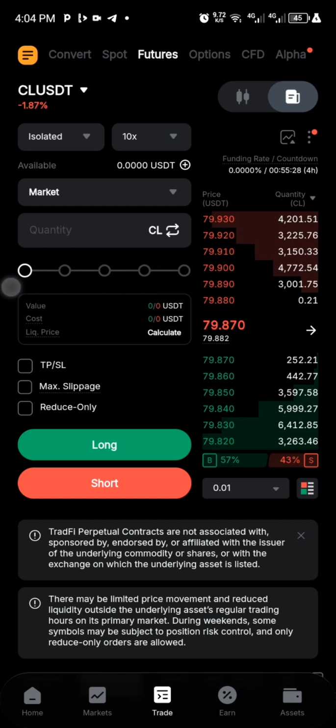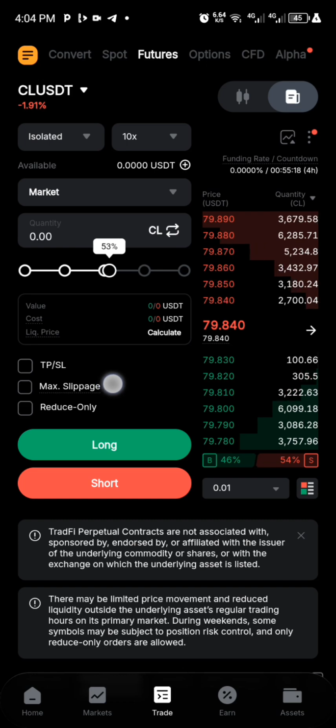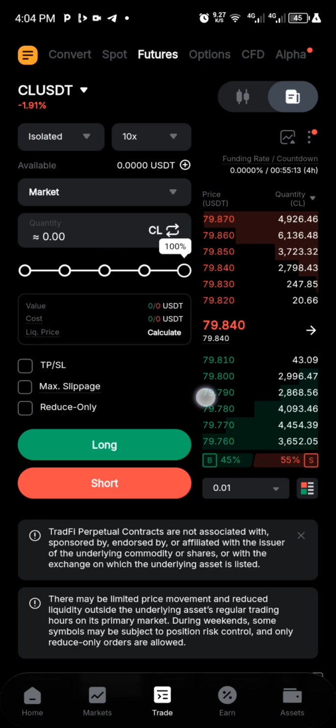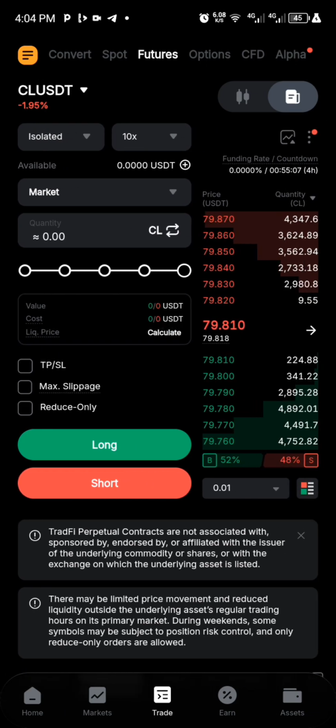Say for instance, if we have money in our account, it should be reflecting here. Once you're toggling, as you can see, we can see 22%, 50%, 78%, 100%. 100% means the total money that is in your account, and the cost is going to be reflecting here. Fix your eyes on the cost, because the cost is the main money you want to be risking in the market.